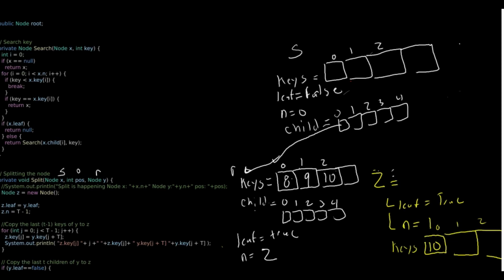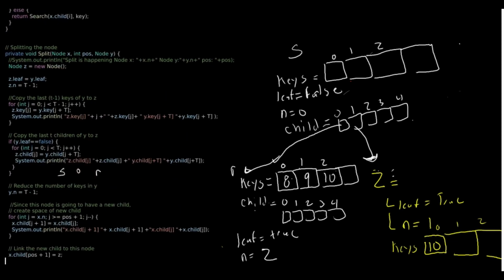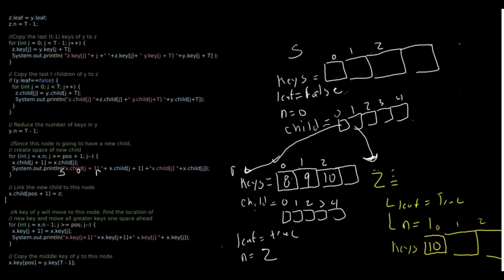And then see if I can go up. I can. And this one here is going to be 1, child of 1.